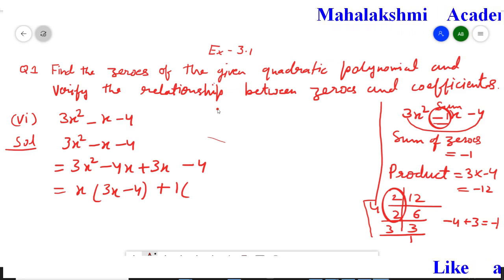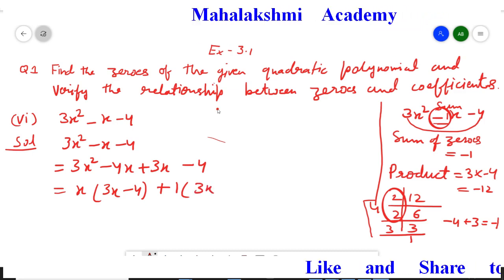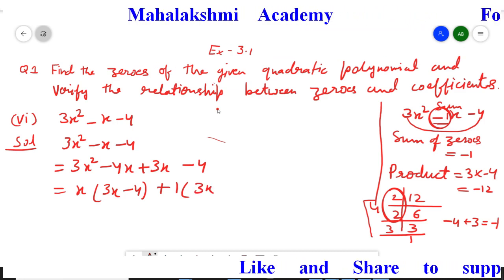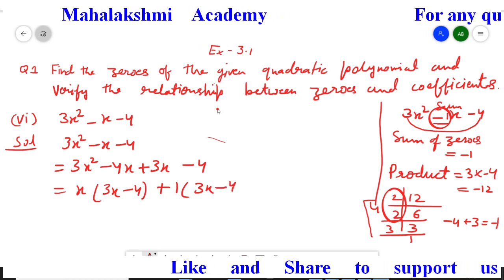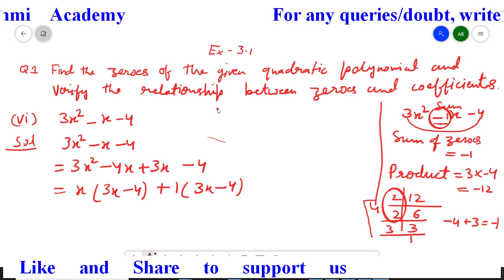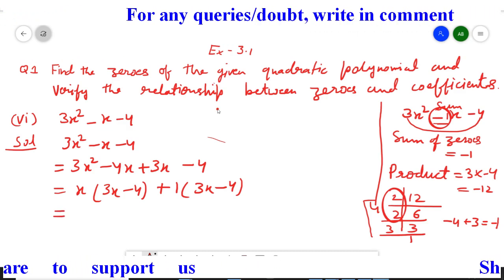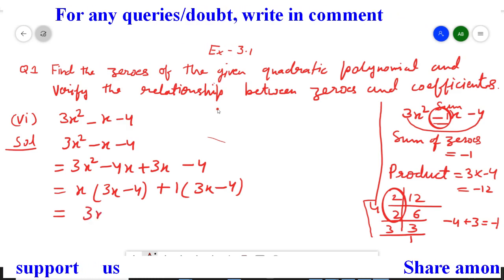If you take plus 1 common, 3x divided by plus 1 is 3x, which is the same as this, and minus 4 divided by plus 1 is again minus 4, which is the same. So like this we obtain the same bracket. It is a necessary condition in factorization that after taking common, the brackets should come out the same.